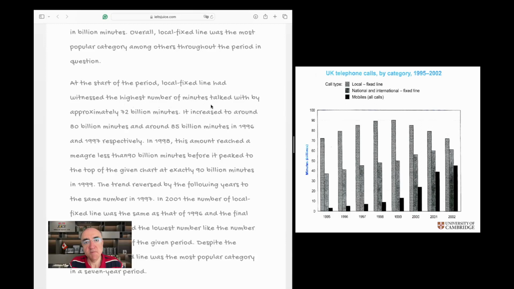Okay, the highest number of minutes talked. And I also have an issue. Local fixed line witnessed. I mean, a telephone cable witnesses something. To witness something is usually a human adjective or activity, or it's a verb associated to people, not telegraph cables or telephone lines.